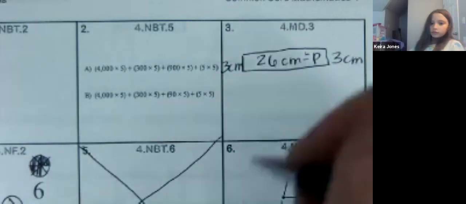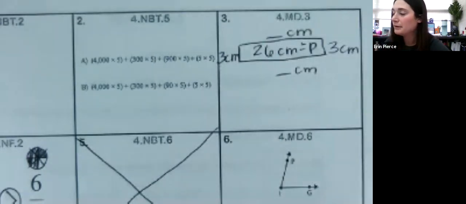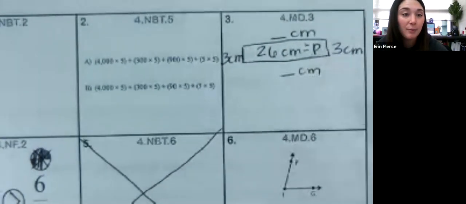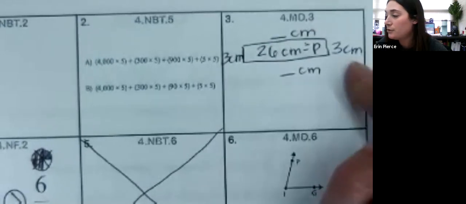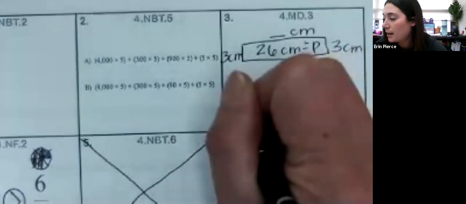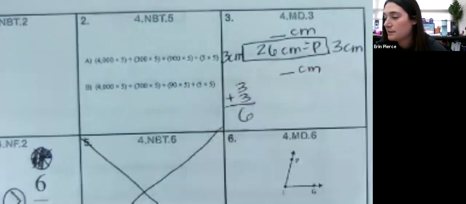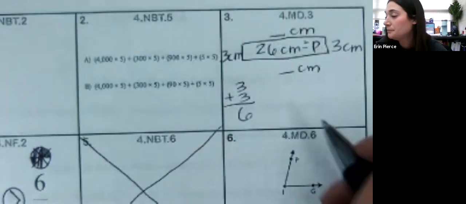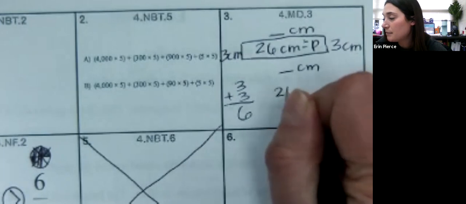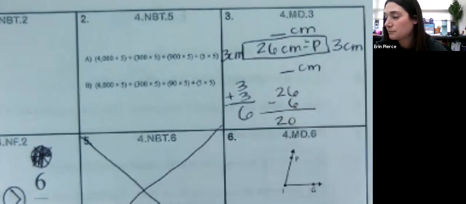So now you don't know what's here and what's here. So remember, to find perimeter, you have to add up all of your sides. Right now, I only know 2 of them. So I can add up 3 plus 3, and I get 6. I have to subtract that from my perimeter. 26 minus 6, and I get 20.